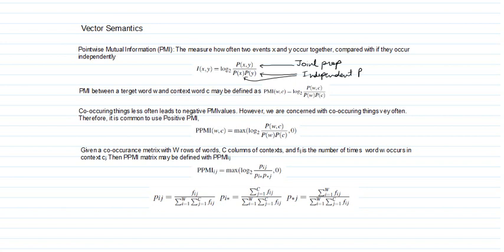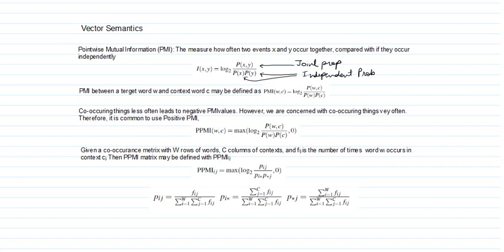So the joint probability means the probability of x and y occurring together, and P of x dot P of y means that x and y are independent events.